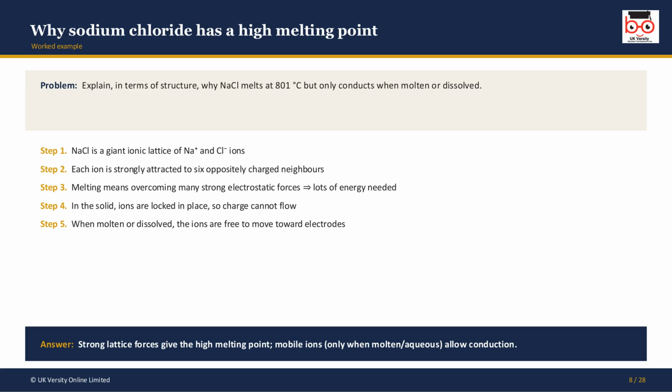Melting means overcoming a great many of these strong electrostatic forces, which takes a lot of energy, hence the high melting point. In the solid, the ions are locked in place, so charge can't flow. Only when molten or dissolved are the ions free to move towards the electrodes, and that's when it conducts.